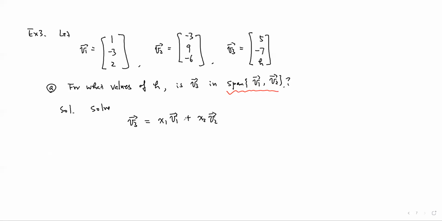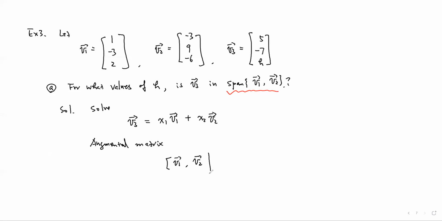Right. Now, how to solve this equation? It is a linear system. Augmented matrix: the coefficient matrix, with unknowns X1, X2. Coefficients of X1 is V1. Coefficient of X2, V2.